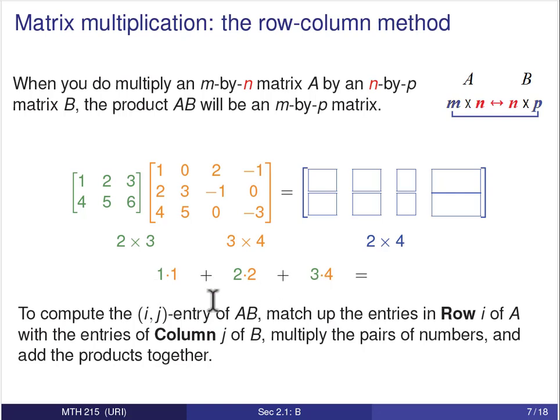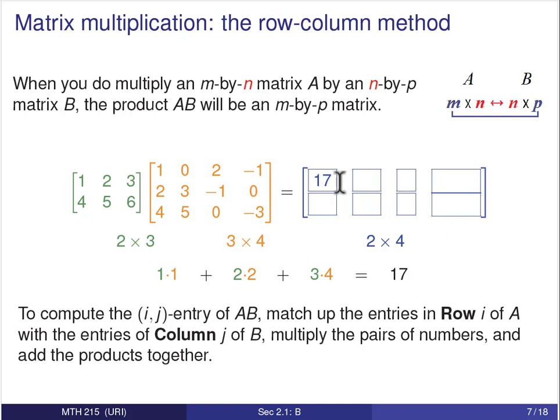I'm going to add those numbers together and see what I get. So 1 times 1 gives me 1, 2 times 2 gives me 4, 3 times 4 gives me 12, 1 plus 4 plus 12 gives me 17, and 17 is the number that I will put in the 1, 1 entry. It takes a couple times of practice to get this done, but we'll go through and fill out the rest of the entries for this matrix.